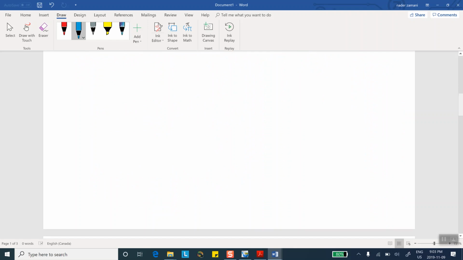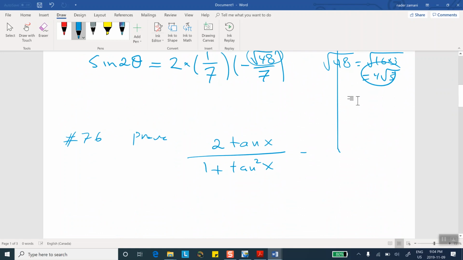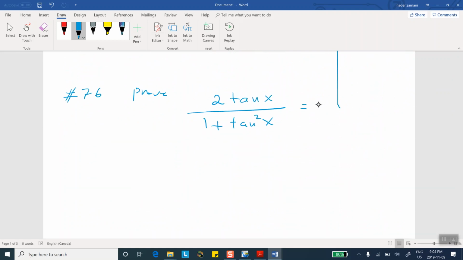Let's move on to number 76. It says prove that 2 tan x over 1 plus tan squared x is equal to sine of 2x.